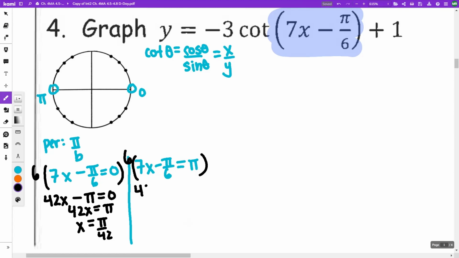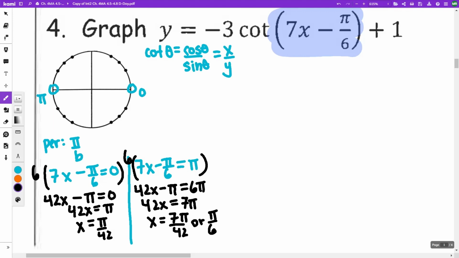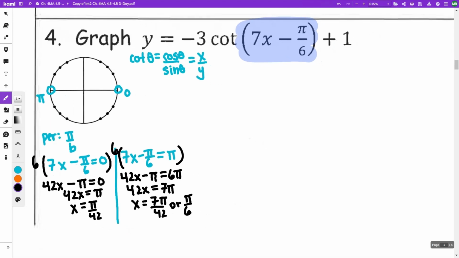So that's going to be a 42x minus pi is equal to 6 pi. I'm going to add pi. So that's going to become a 7 pi. When I divide, that's going to be 7 pi over 42, or pi over 6. We can also think of it as pi over 6, but I'm going to just keep it as the 7 pi over 42 for the moment.